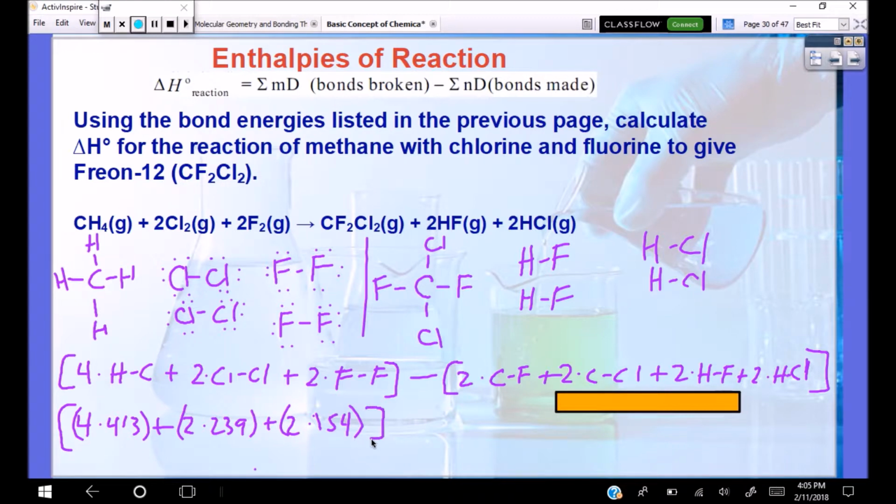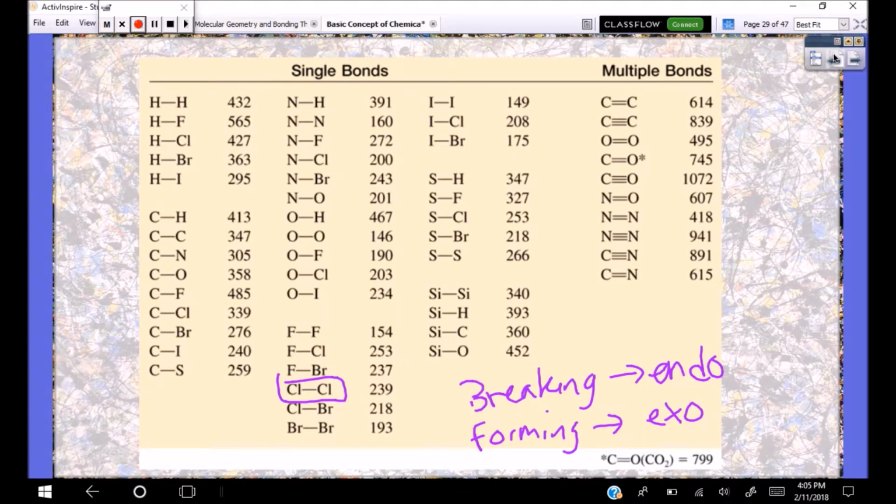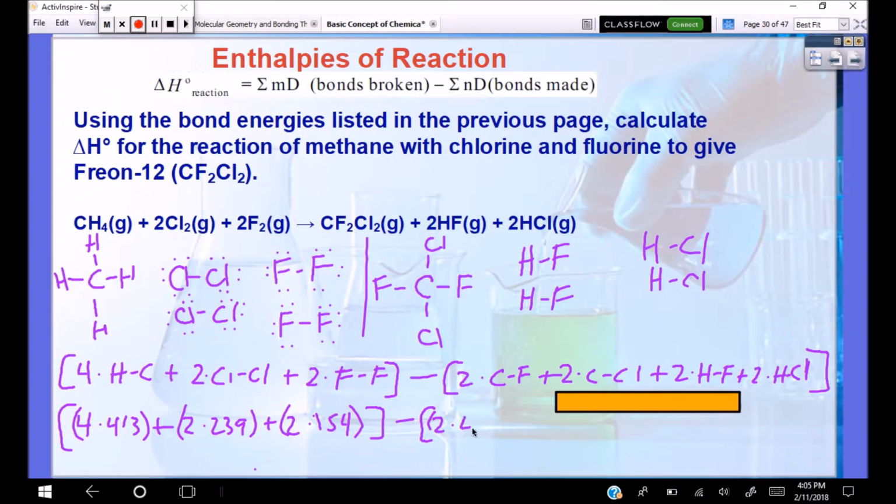Okay, close parentheses, and then I've got 2 times my carbon-fluorine bond, which is 485, plus 2 times carbon-Cl, which is 339.